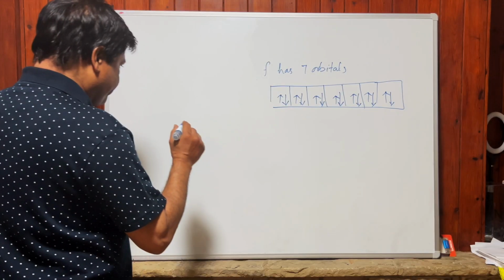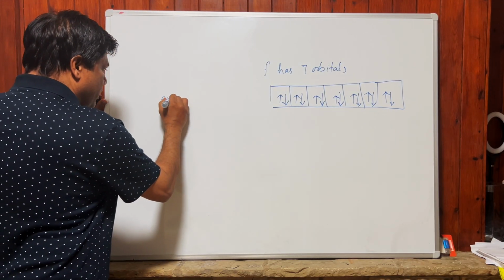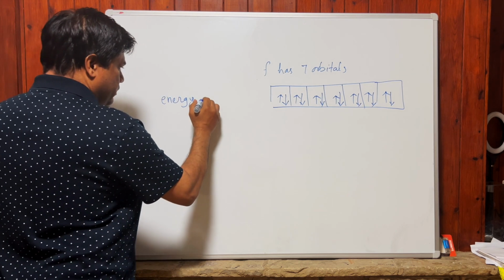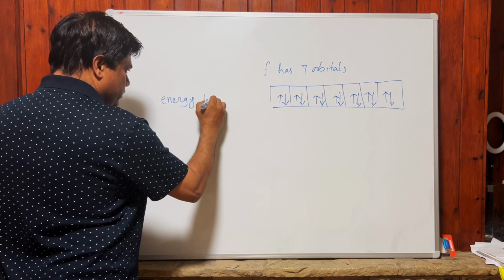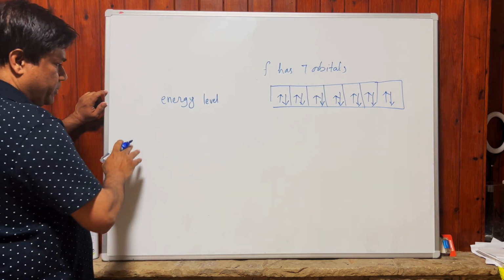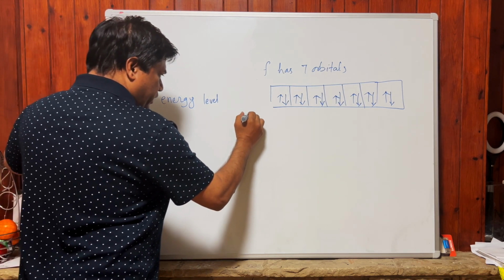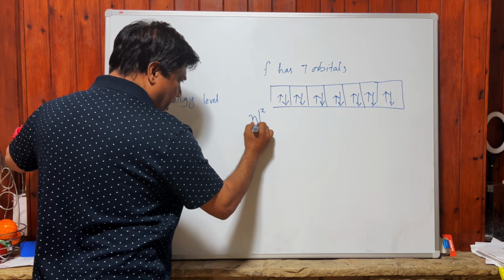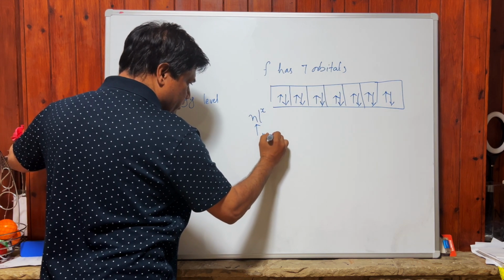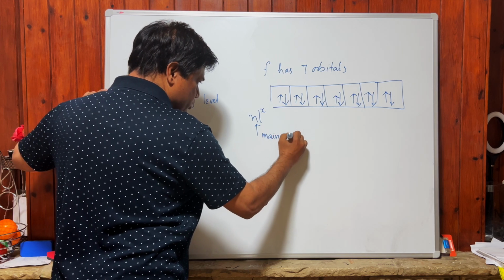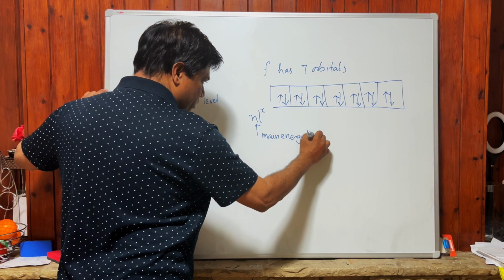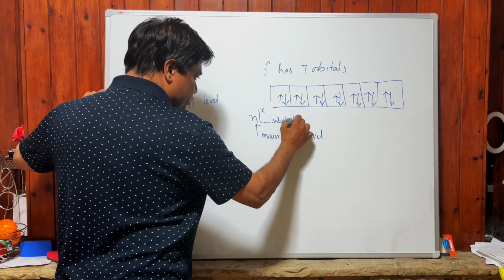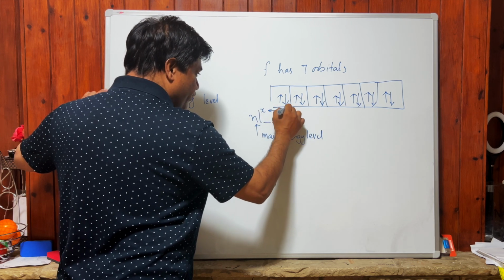These energy levels are followed by the n l x method. n is the main energy level, l is the subshell, the subshell has orbitals, and x represents the number of electrons.